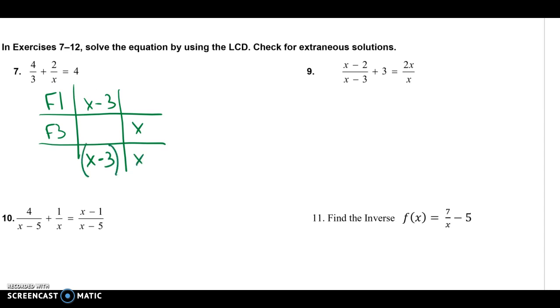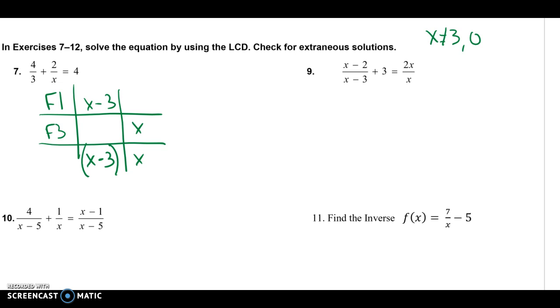So again, first step that I'm going to do is add the opposite. That does not happen here. And then the next thing I'm going to do is factor the denominators and identify my domain, which is the step I haven't done yet, step C from your notes. So the first fraction, I can't have 3. And the last fraction, I can't have 0. So anyway, we did step D already. We found our LCD. It's x and x minus 3.